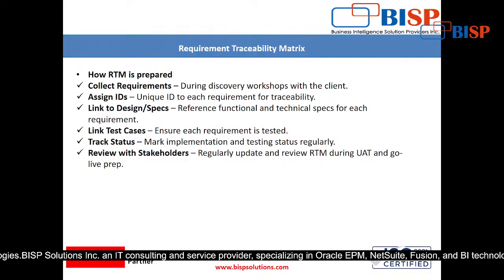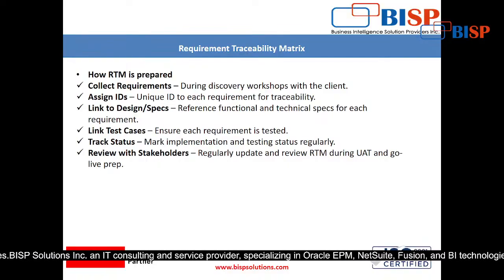For example, PO creation, PO CR1, then PO approval, PO APPR2, like this. We have to assign the ID for every step: PO creation, then PO check, PO approval status. Once approval is required, then what will happen? If not required, then what will happen? Okay, assign the IDs.